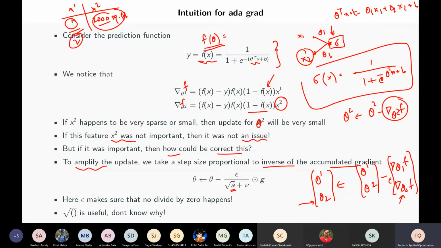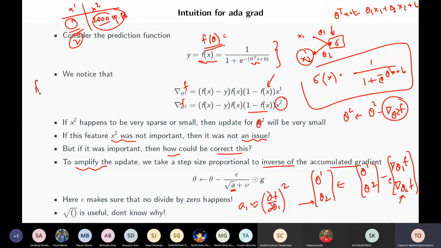Now remember what A was, right? A was the accumulated gradient square. So this is like del f by del theta 1 square, right? So the components of this. A1 was like this. There were some previous A terms also added here, so I'm not writing that, but it's roughly like this. If the gradient with respect to, let us say, x2 is coming out to be small, then this guy will be small.